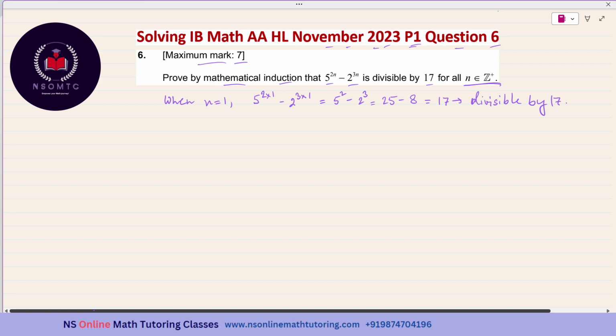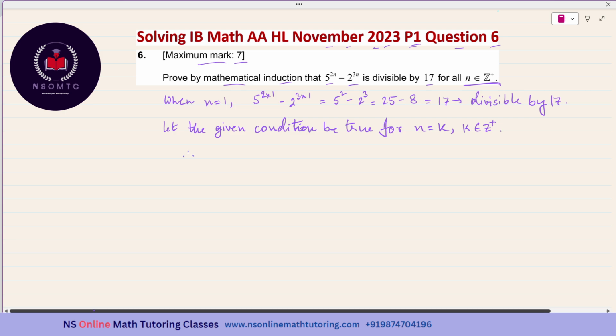And now I will be assuming that this is true for some value of n. I am taking that value to be equal to k. Let the given condition be true for n equal to k, and k belongs to the set of positive integers. k is a positive integer.